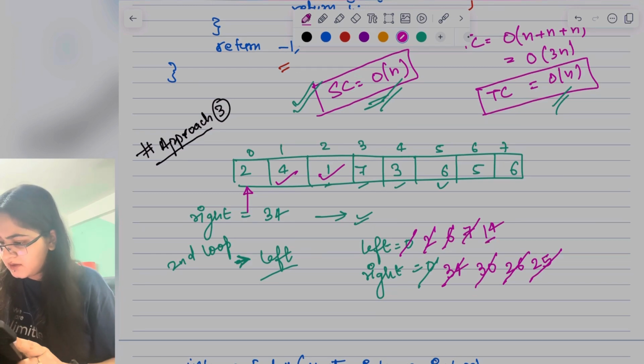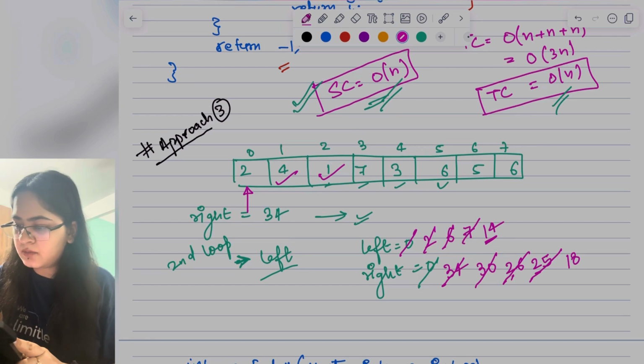So it is 7 plus 7, 14, and here it is 34, 33, 34, then 26, and then 25. 25 minus 7 is 18. No, sorry, I think I've done one mistake here.